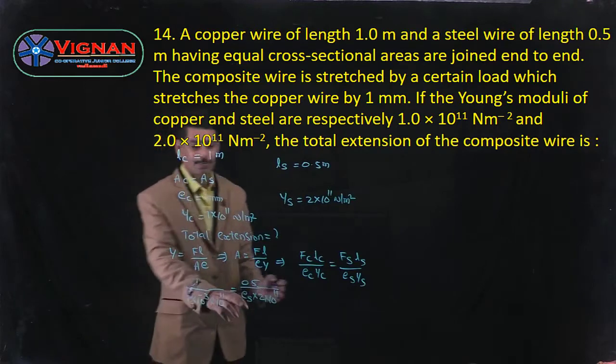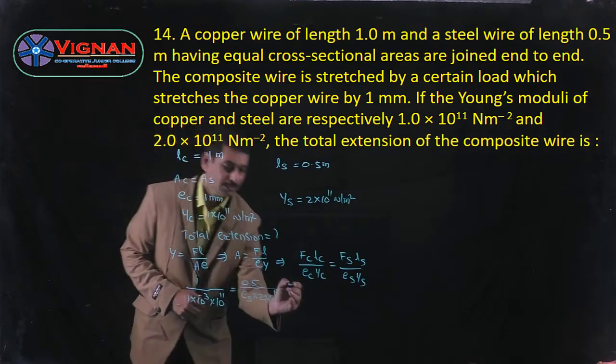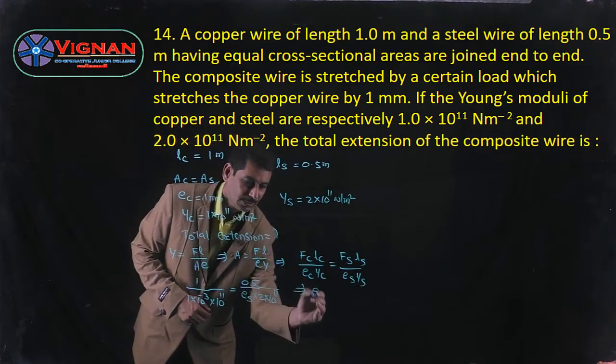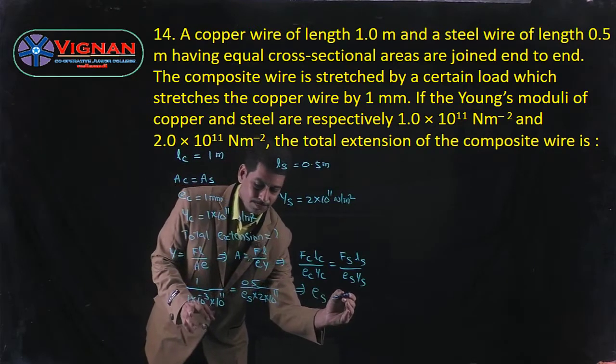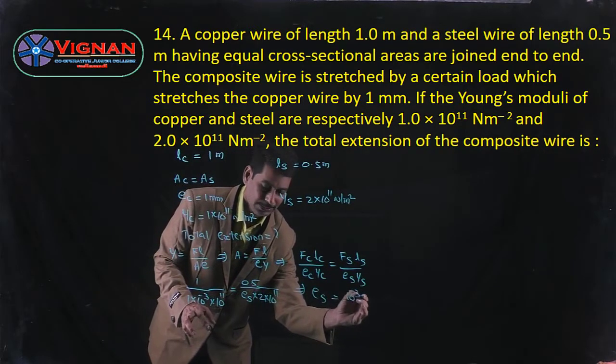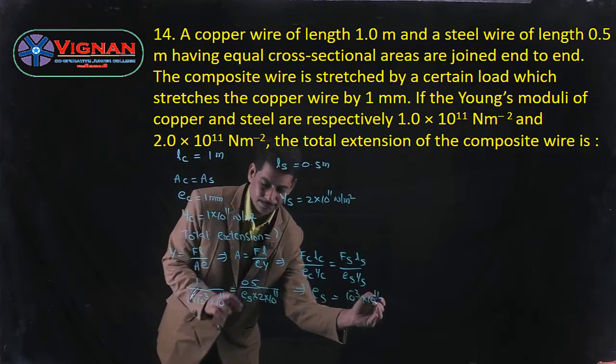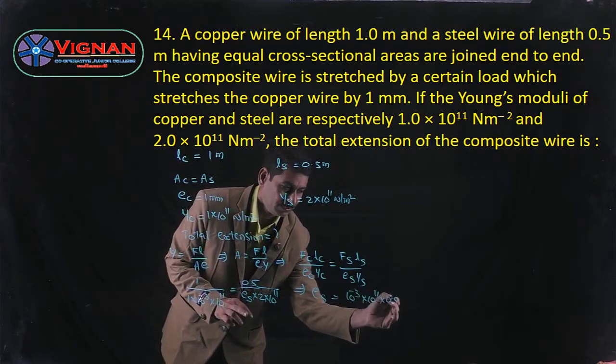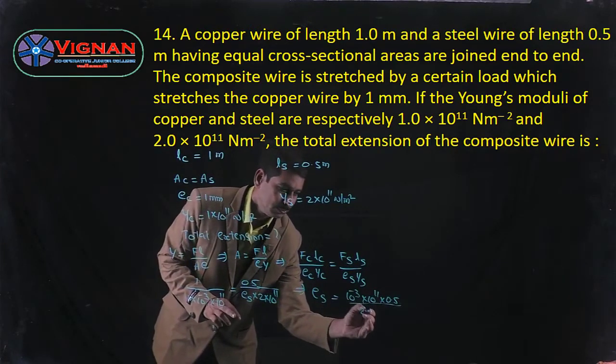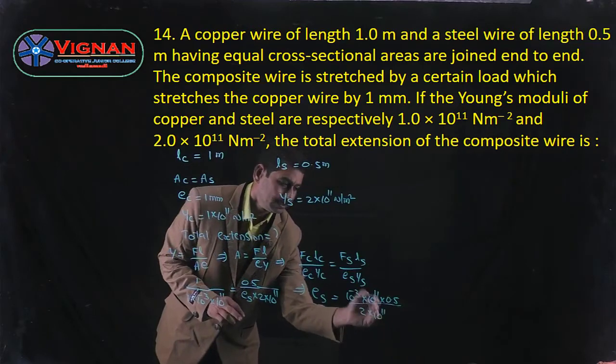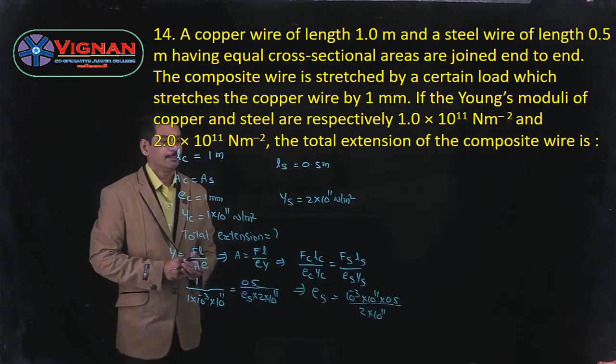From this you have to find the elongation of the steel wire, which is 10 power minus 3 into 10 power 11 into 0.5 divided by 2 into 10 power 11. So 10 power 11 gets cancelled.